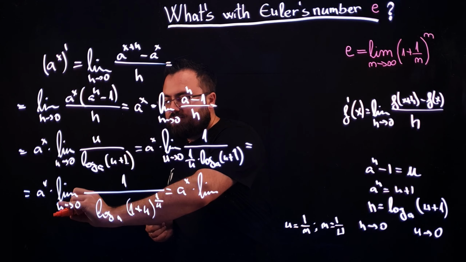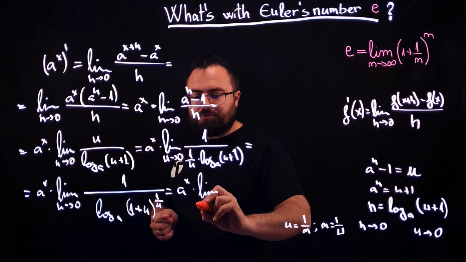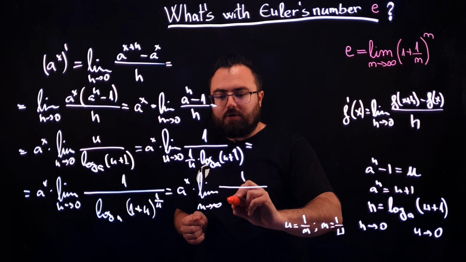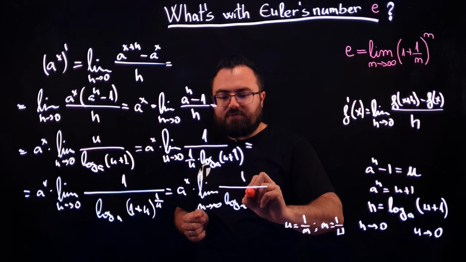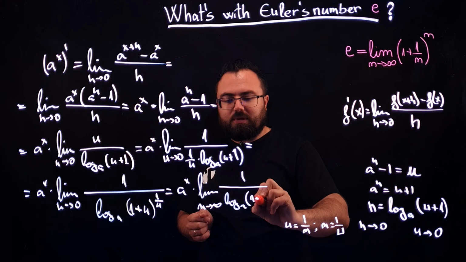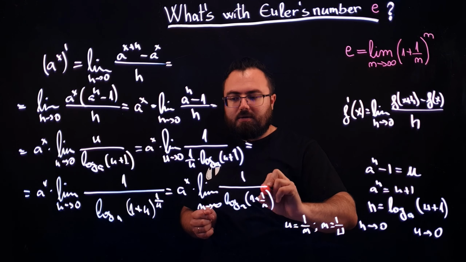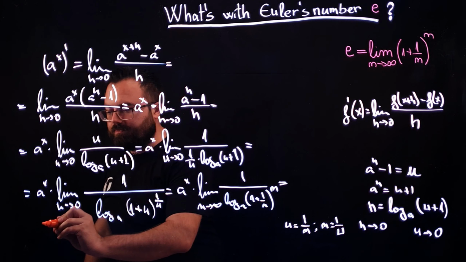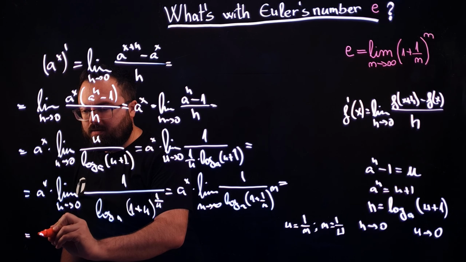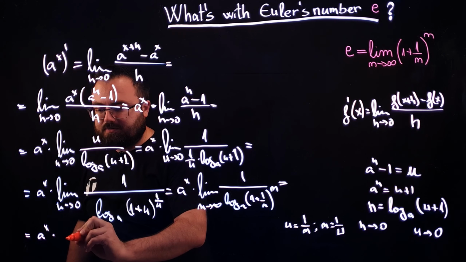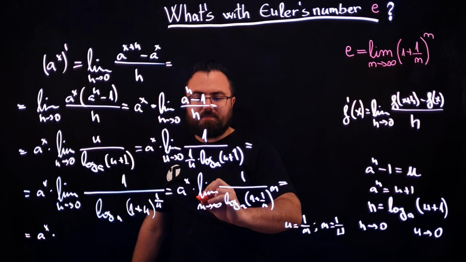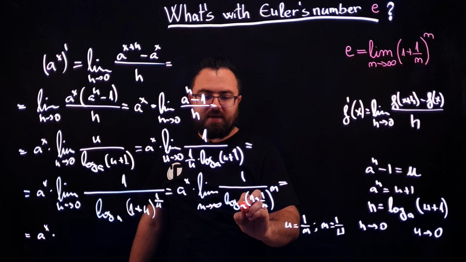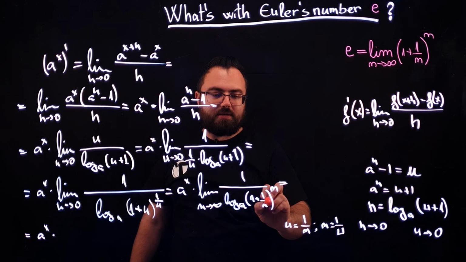This is a limit as u goes to 0, so n goes to infinity, of 1 over the logarithm base a of (1 + 1/n)^n. And this is equal to a^x times the limit as n goes to infinity of 1 over the logarithm in base a of (1 + 1/n)^n.